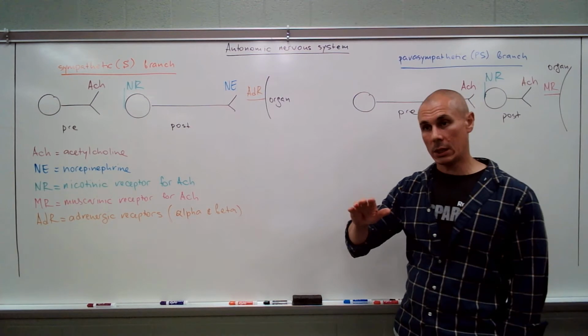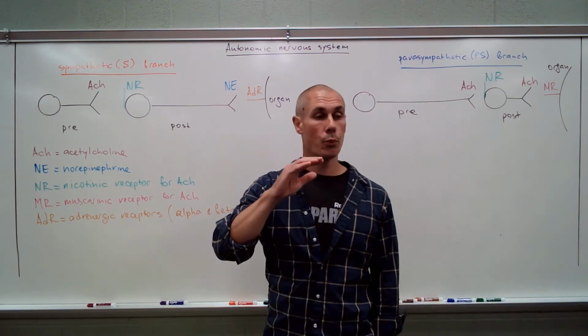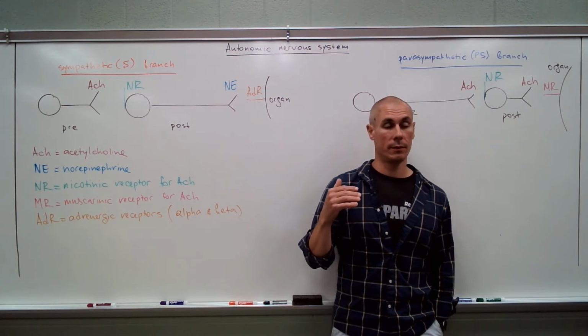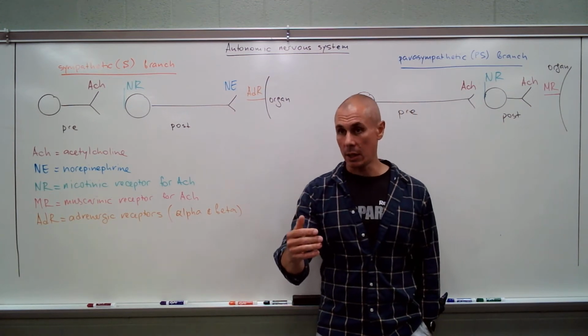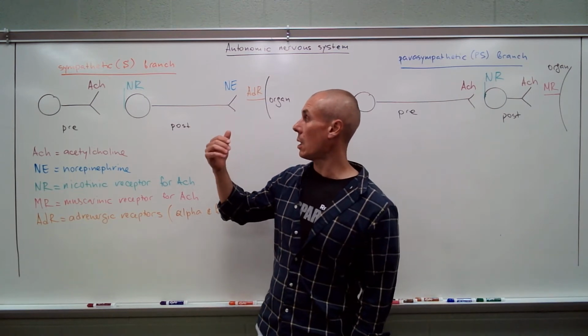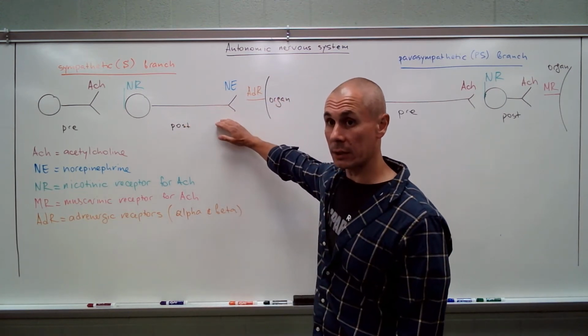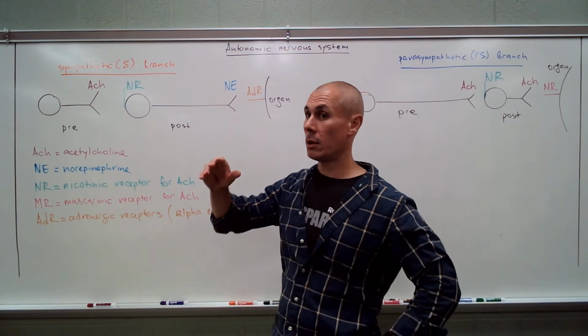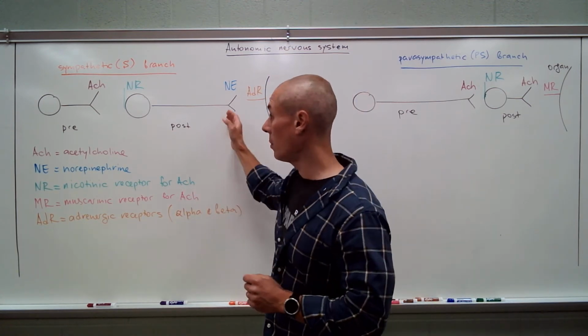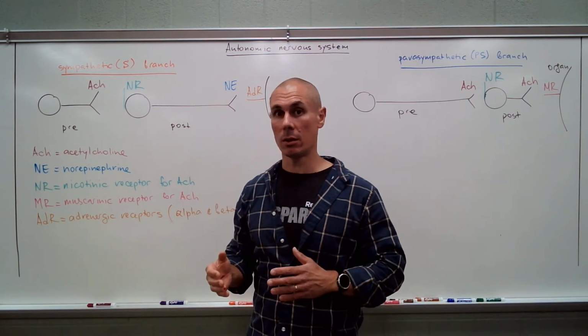Few things to make it clear. When you're looking through the notes, in the description of sympathetic fibers, there will be some postganglionic fibers pictured that release dopamine, and actually some of them are releasing acetylcholine.